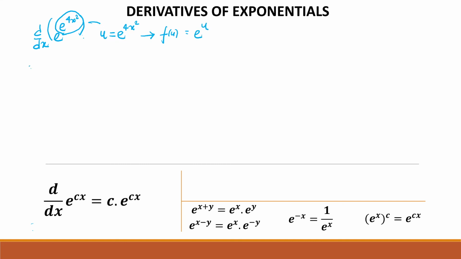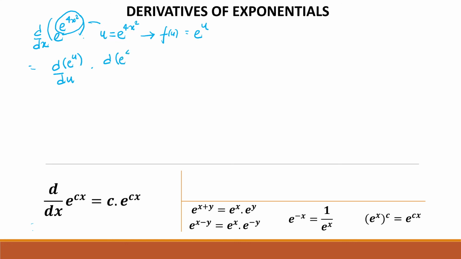So applying the chain rule, I'm just using the same general formula: df by dx. Our function f with respect to u is de^u with respect to du times du with respect to x.